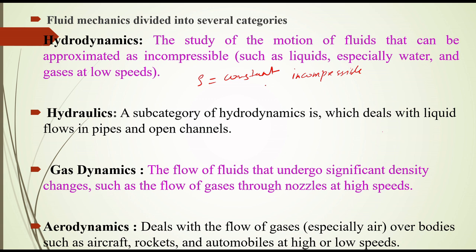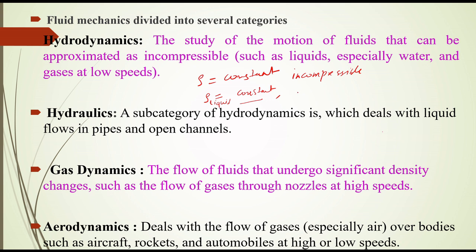But generally, the density of liquids is considered constant, or we can say incompressible. The reason behind it is that very high pressure is required to change the density of the liquid.